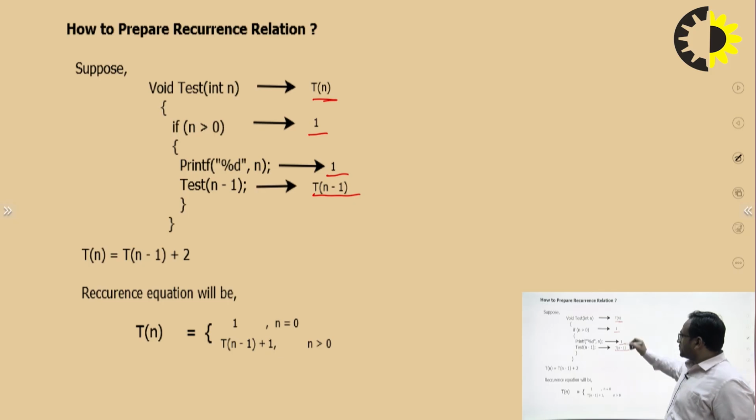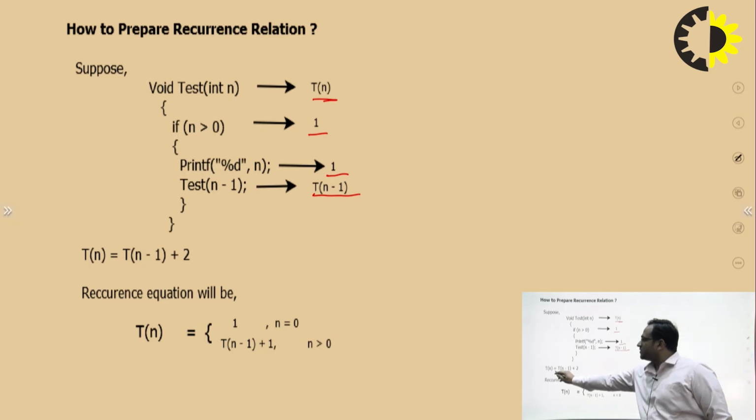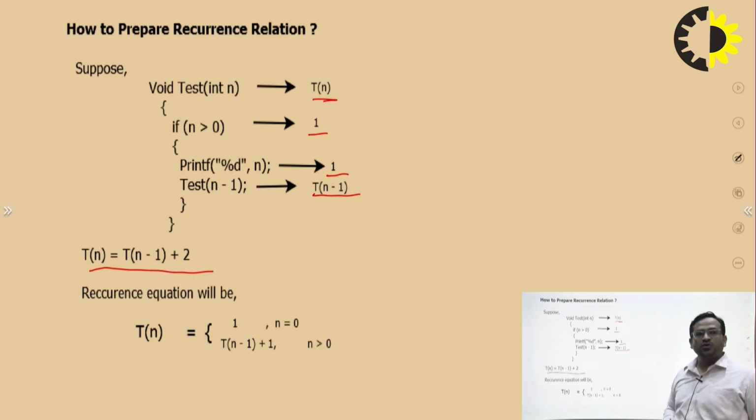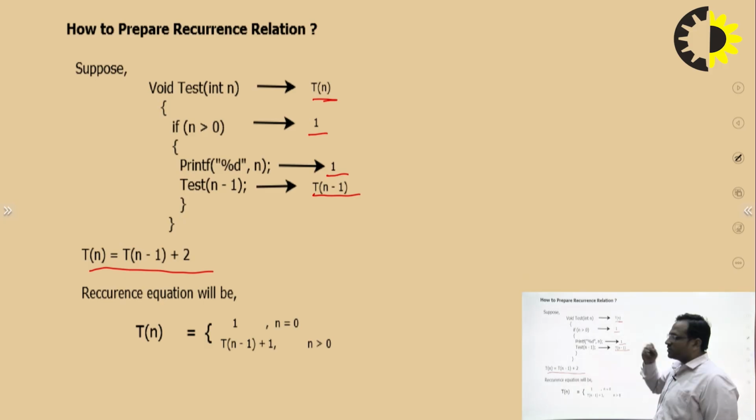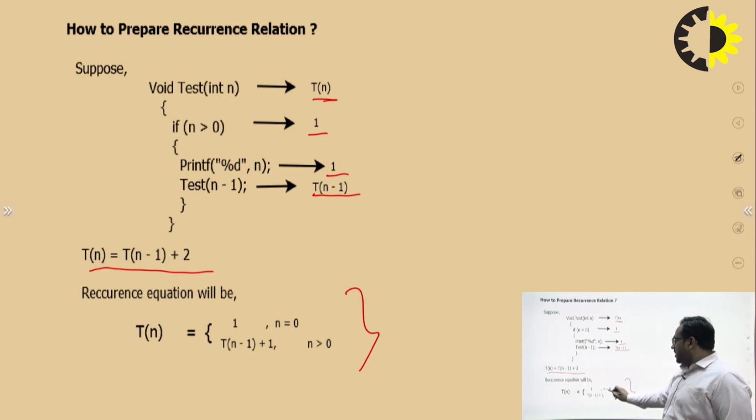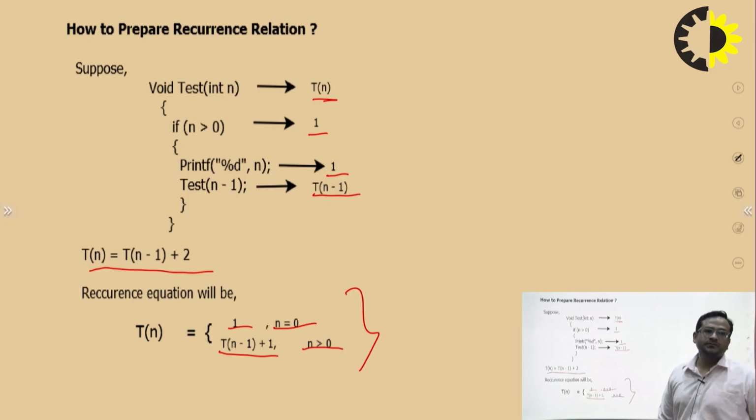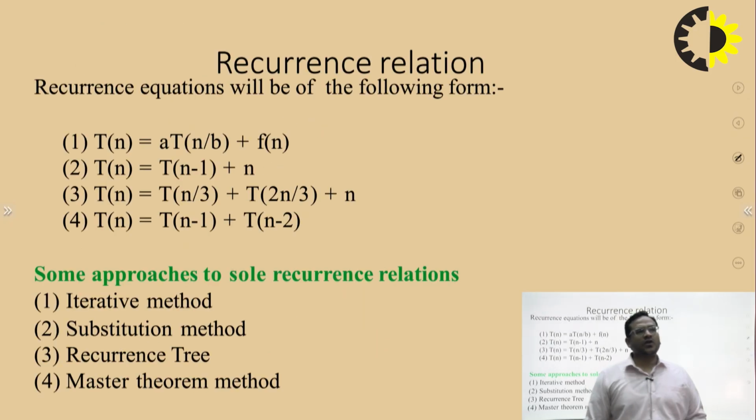So 1 plus 1, and the function is T(n) = T(n minus 1) + 2. Why is it 2? Because two statements are executed whenever the T(n) function is called. So the recurrence relation is: if n is equal to 0, then it returns 1; if n is greater than 0, then the function is T(n minus 1) + 1. This is the way you can make a recurrence relation, and after that you can solve it.